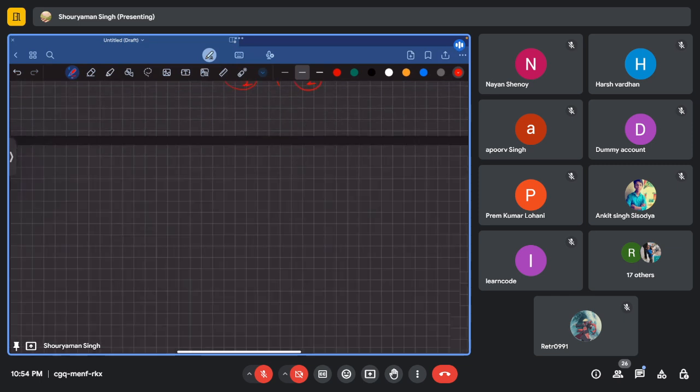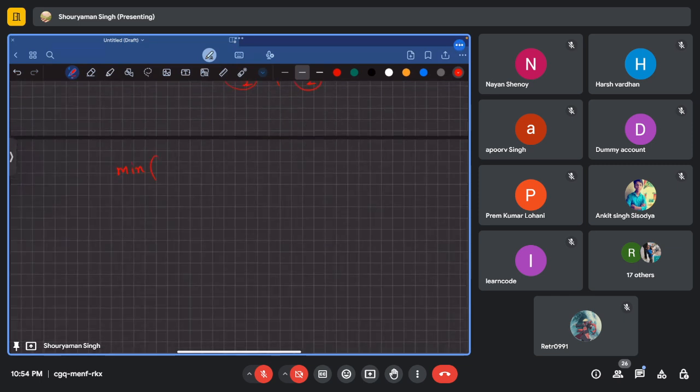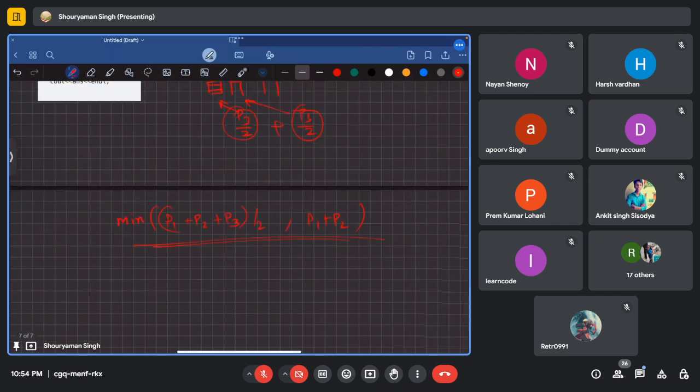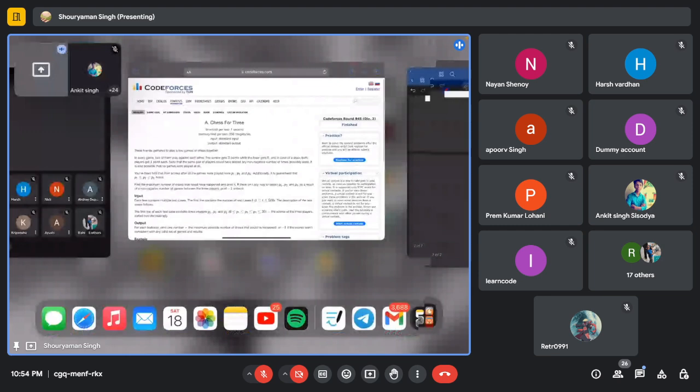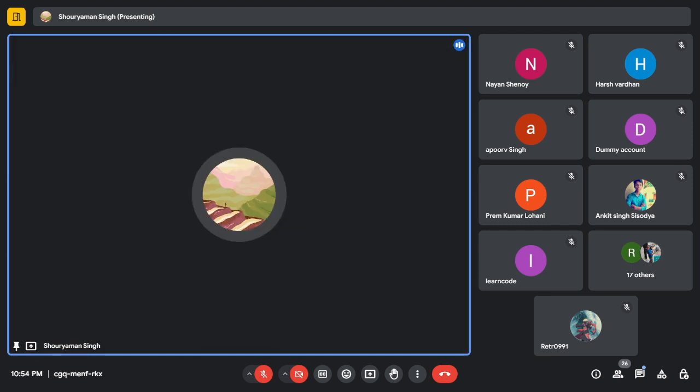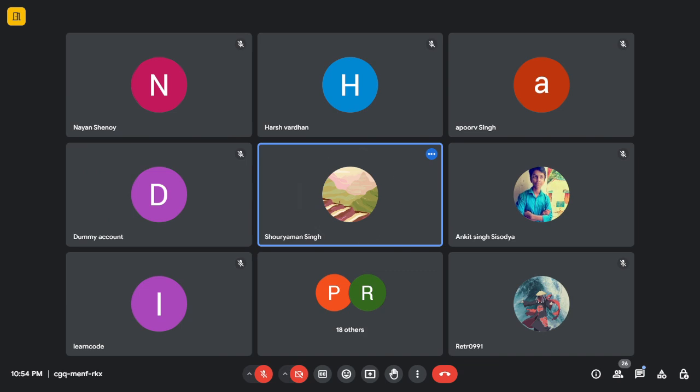So the final answer would be the min of (P1 plus P2 plus P3) by 2, comma, P1 plus P2, as it was given in the editorial also. It would look something like this. I tried my best explaining this to you, although I would arguably say that it was quite difficult to understand if you did not solve it in contest. If you were able to solve it, I think it was pretty clear.